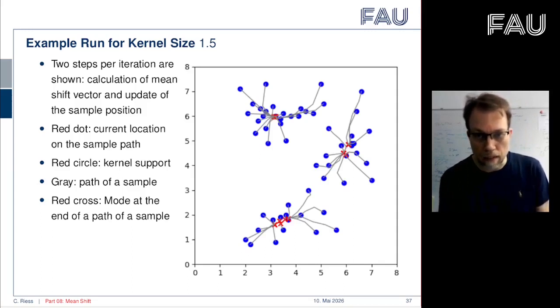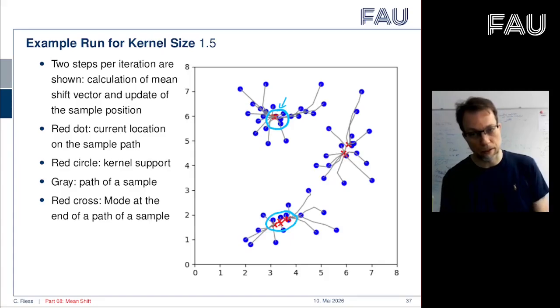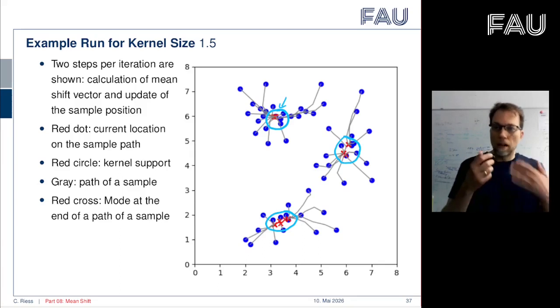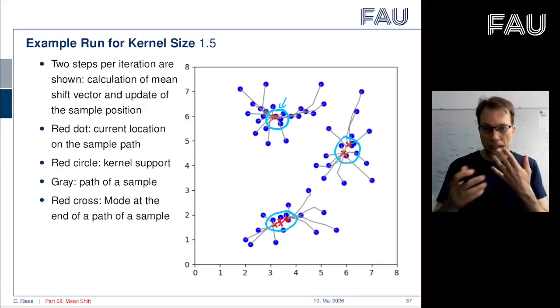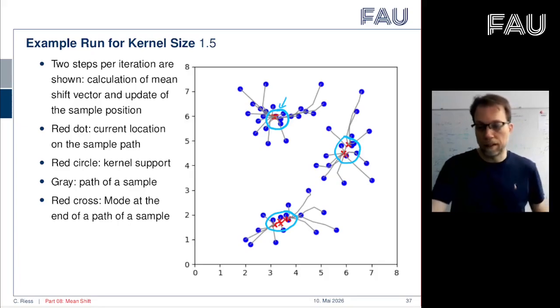What we see is in this upper part here, all these samples that converged there were really closely nearby. For the other two clusters, so we would obtain 3 clusters with the post-processing, but for the other 2 clusters, it's not so unique. So you see there's a little bit of a distance here between these samples. Depending on how you configure the post-processing, they will be collected together or not into individual clusters.